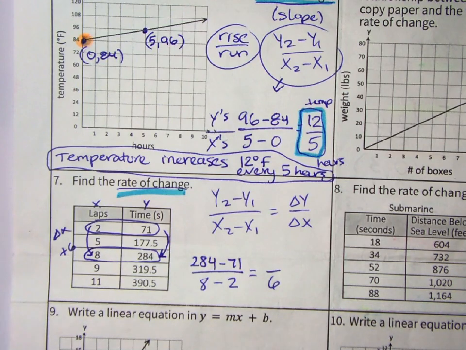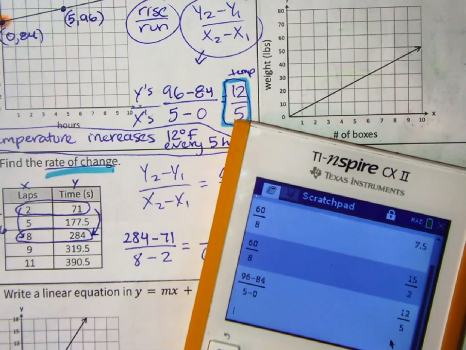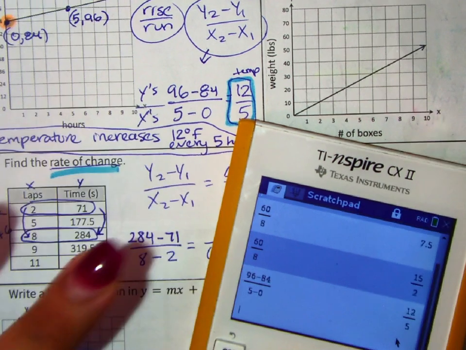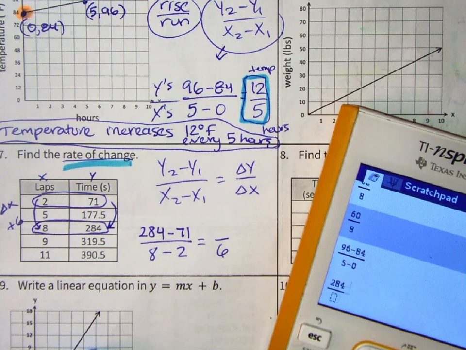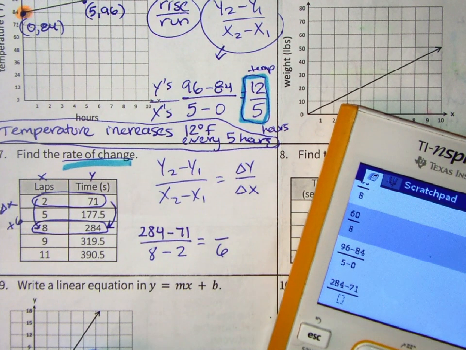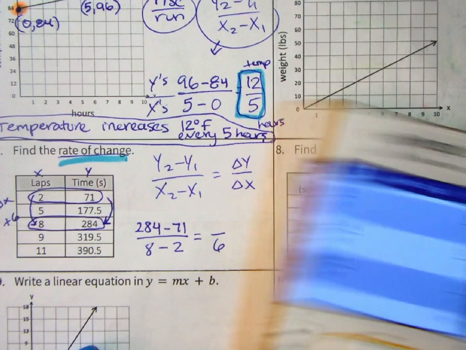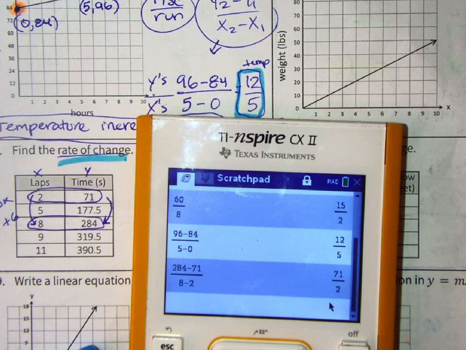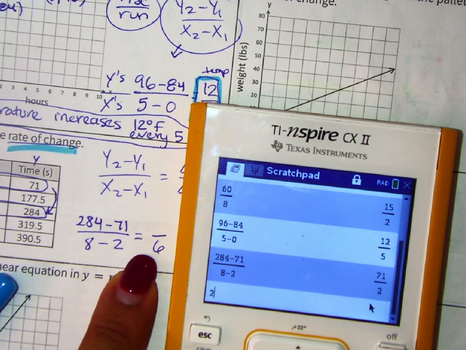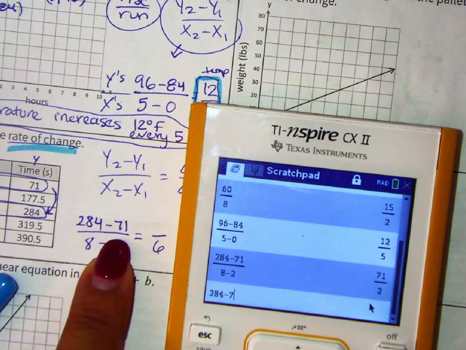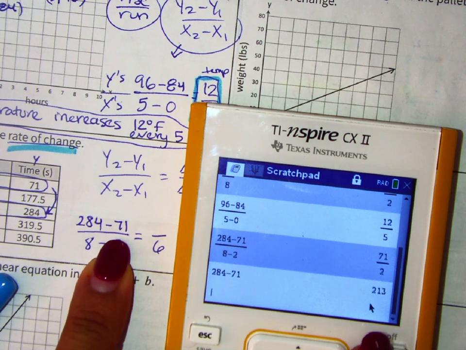284 minus 71, you can use your calculator for that. Or you could just type the whole division the way we've been doing it. 284 minus 71 over 8 minus 2. So the answer came out to be 71 over 2. And it's probably because it was simplified. If I do 284 minus 71 only, I get 213.